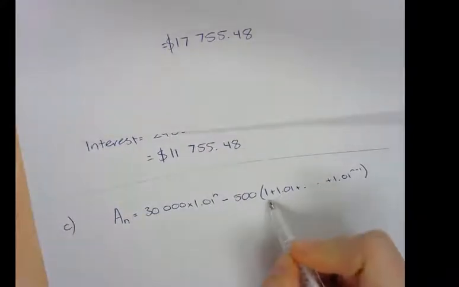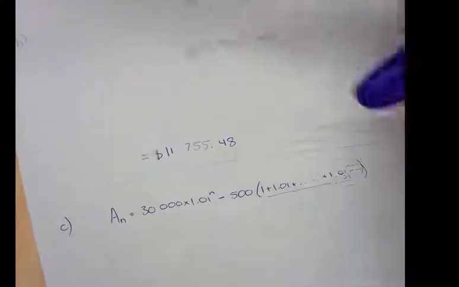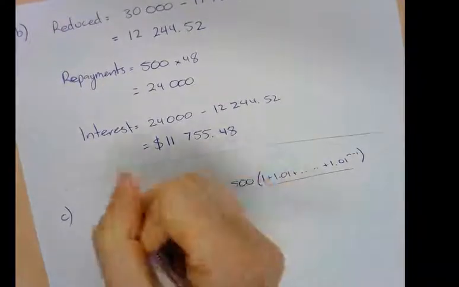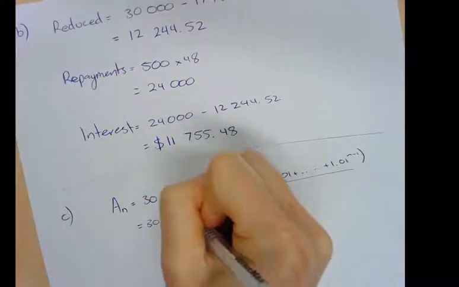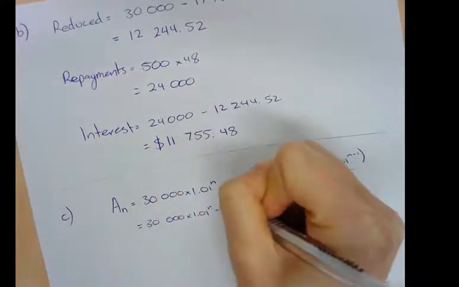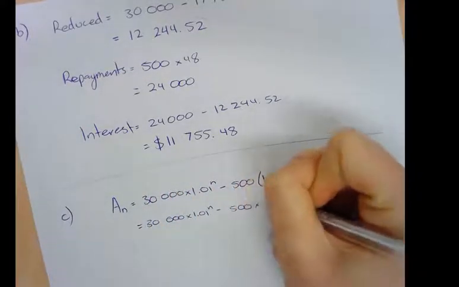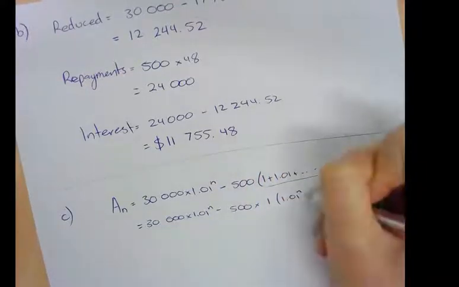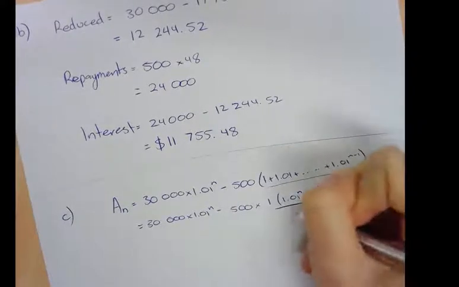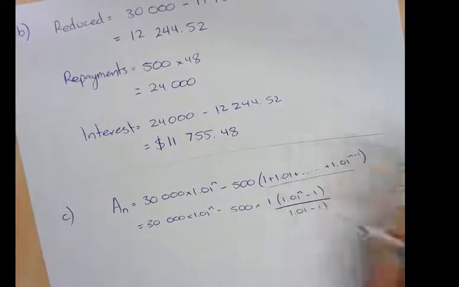So now we can simplify this using that sum of the geometric series again in here. So this is going to become 30,000 times 1.01 to the n minus 500 times 1 outside of 1.01, and there's actually n terms in there, minus 1 over 1.01 minus 1.